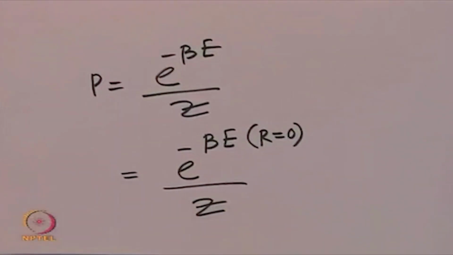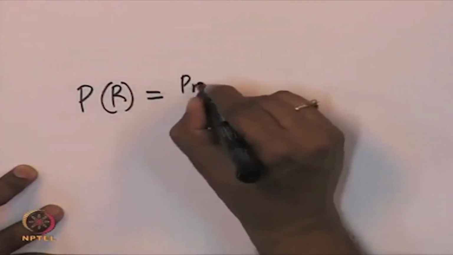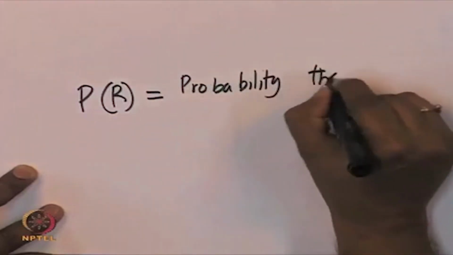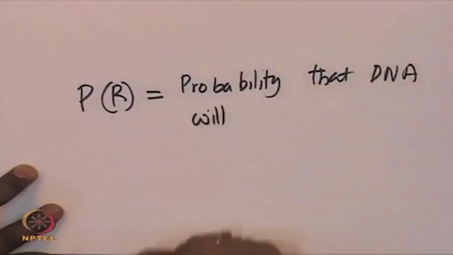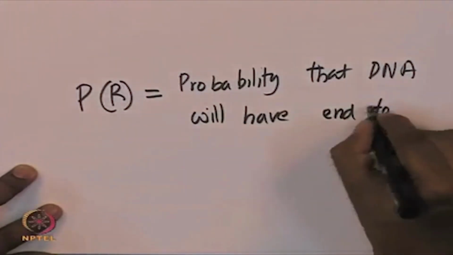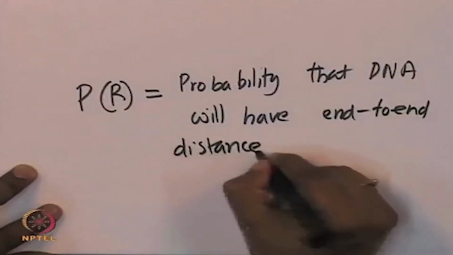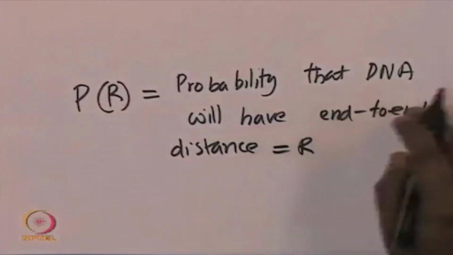In general, we can also calculate the probability for the DNA, protein or any polymer to have any end to end distance r. This is applicable for DNA, protein and all that.